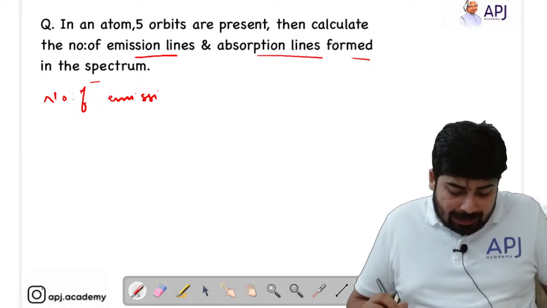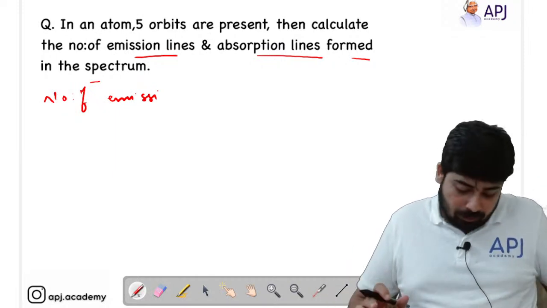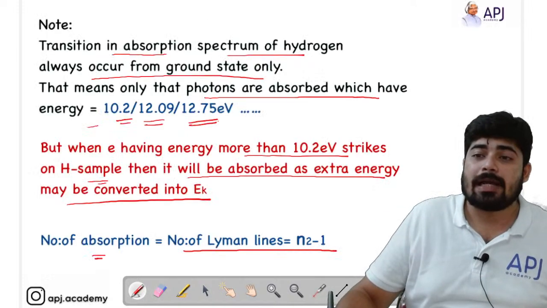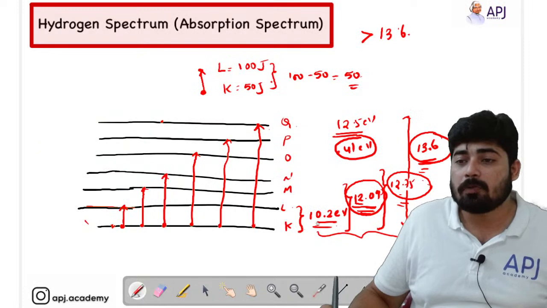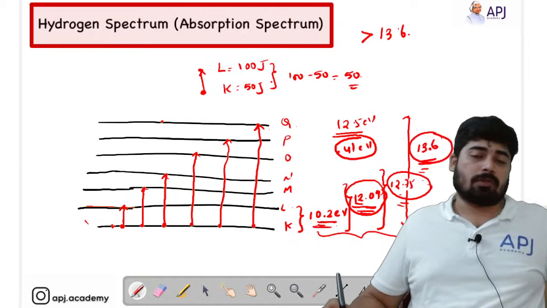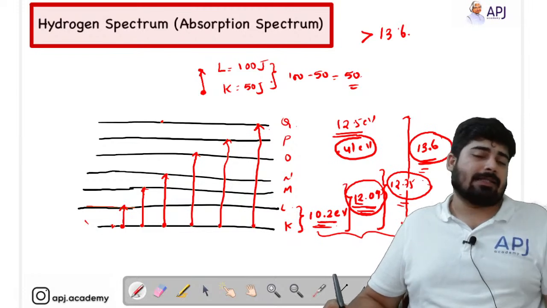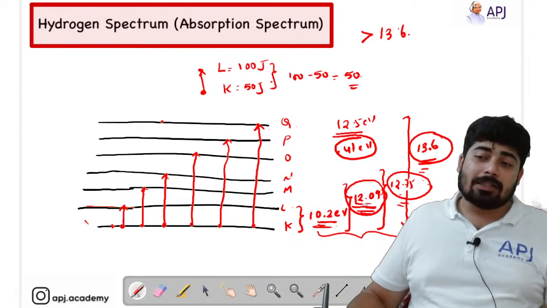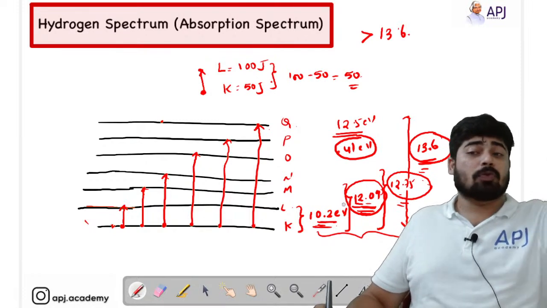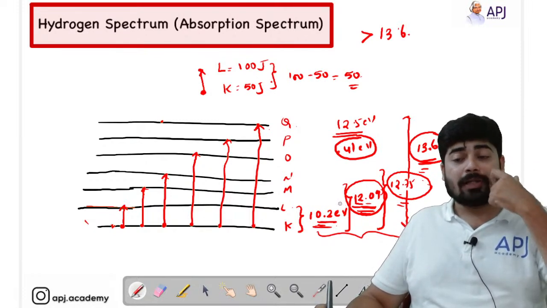If the energy is less than required, then the electron will not move. At least 10.2 should be there. If you are providing 10.19 electron volt, it will not excite. At least 12.09 you have to provide in order to jump to the third shell.